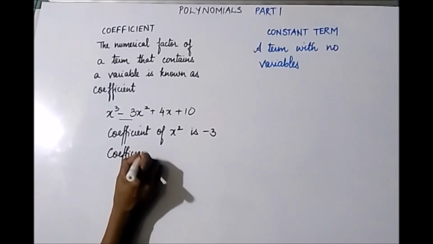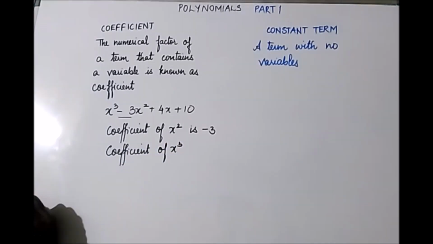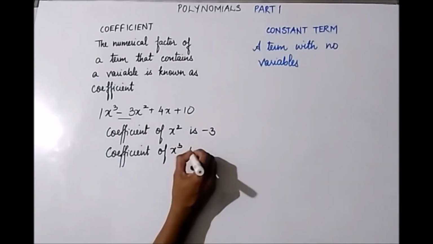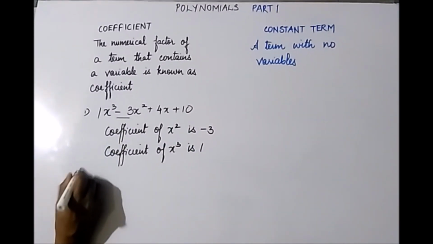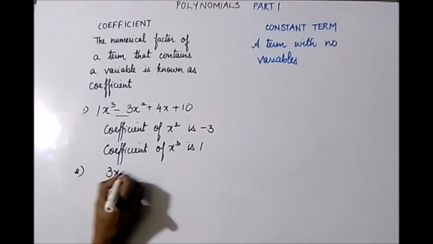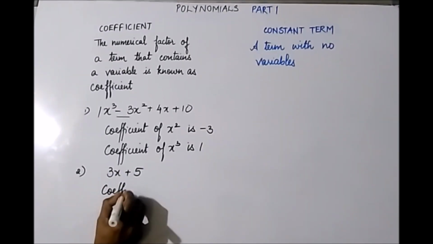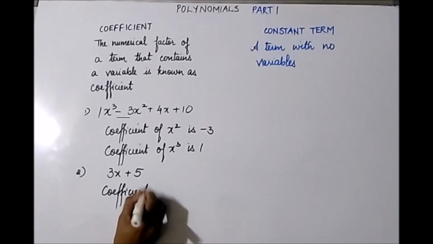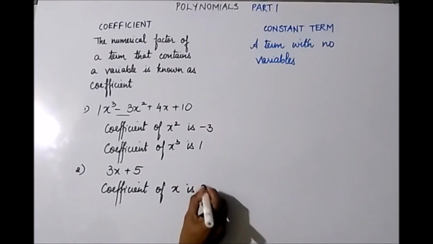What is the coefficient of x cube? The coefficient of x cube is 1. Let us take another example. 3x plus 5. Coefficient of x in this case is 3.